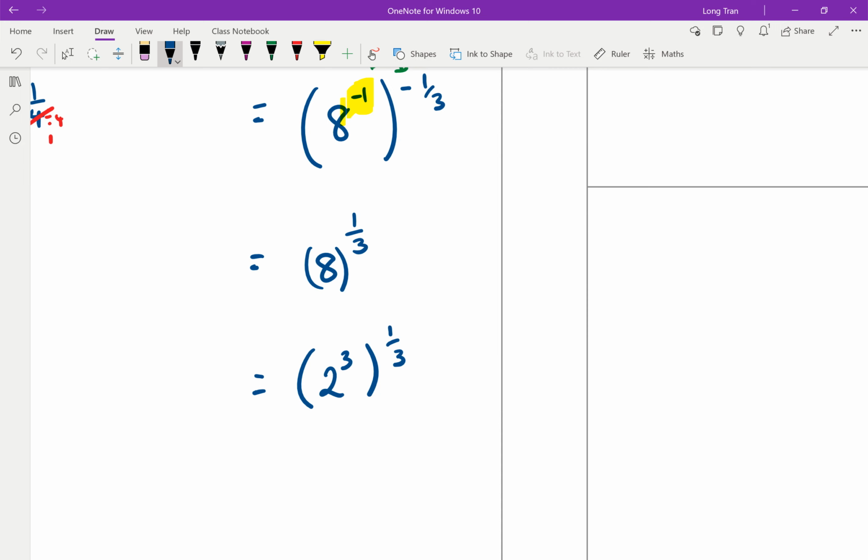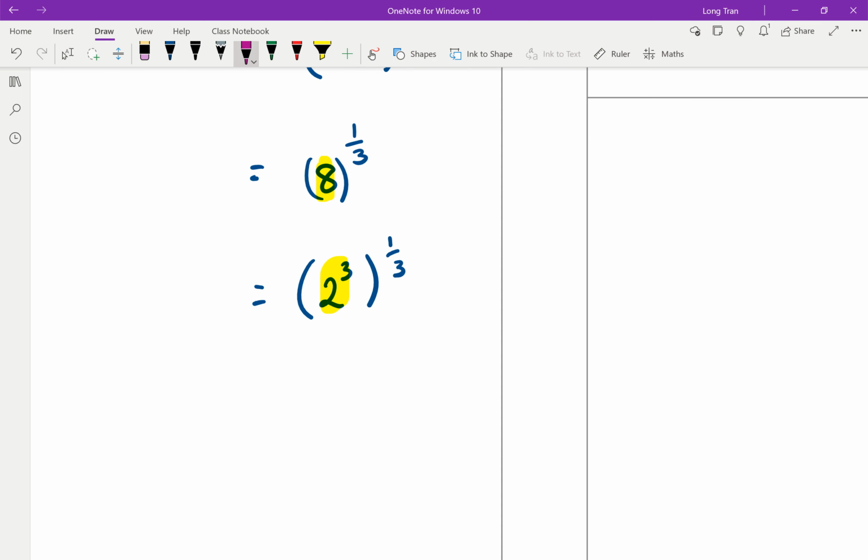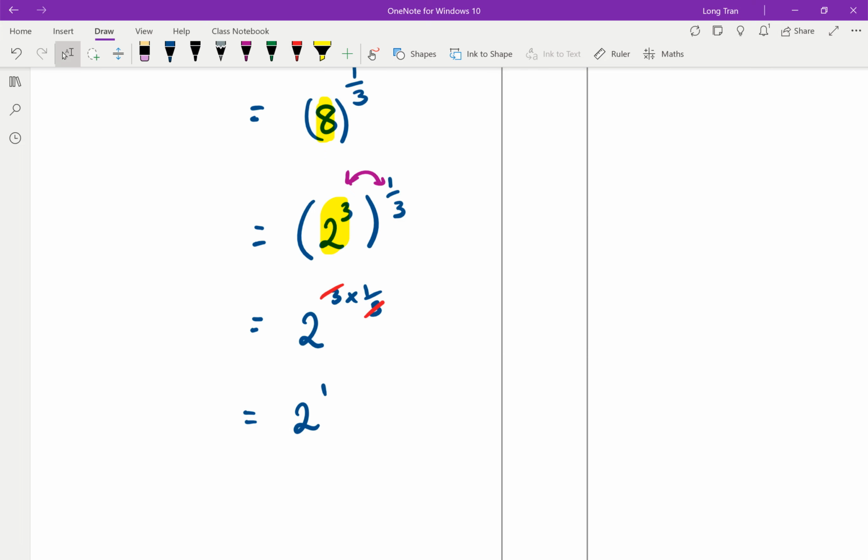All I've done is replace 8 with 2 to the power of 3. And here I can multiply the powers again. 3 times a third, the thirds cancel out, so you end up with 2 to the power of 1, which is 2.